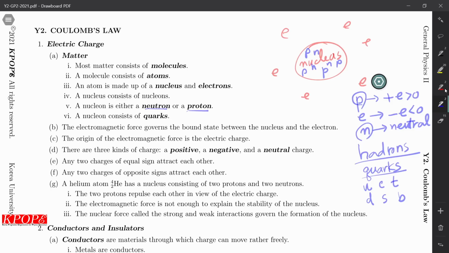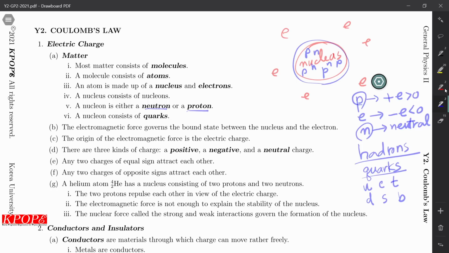By applying Coulomb's law to this nucleus, it is very strange. Protons are all positively charged particles, and neutrons are electrically neutral particles. So there is no reason to have nucleus as a stable state.